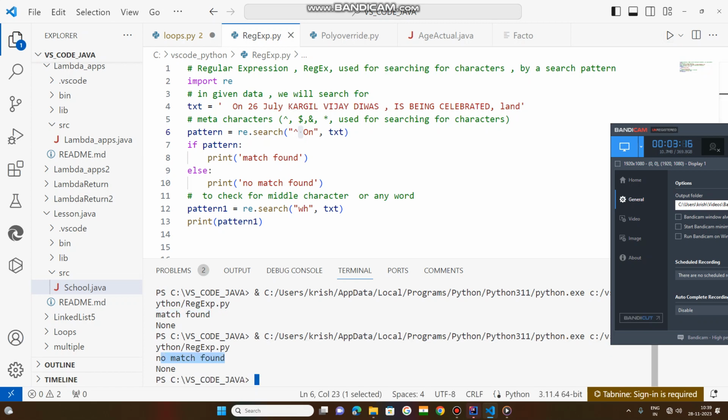Understand? No match found. So these search patterns provide very high accuracy in searching of the characters, because even if you provide white spaces, they are given much importance. So if you are looking for the word starting with on, the pattern should be very accurate.